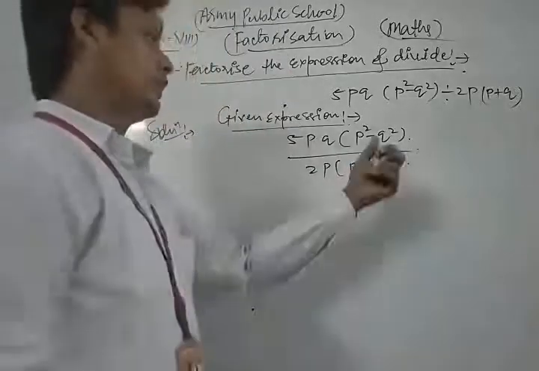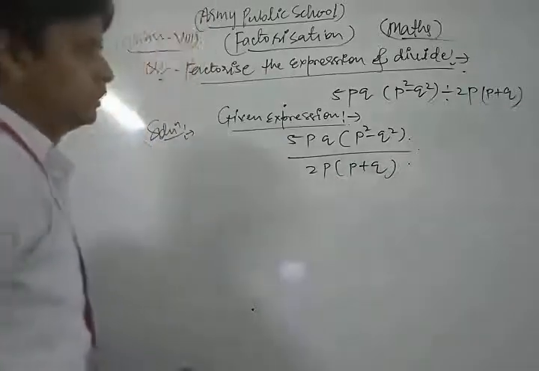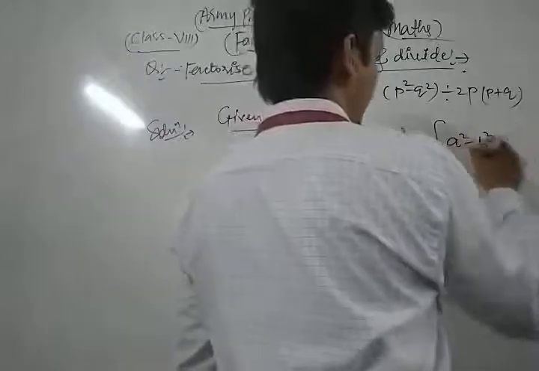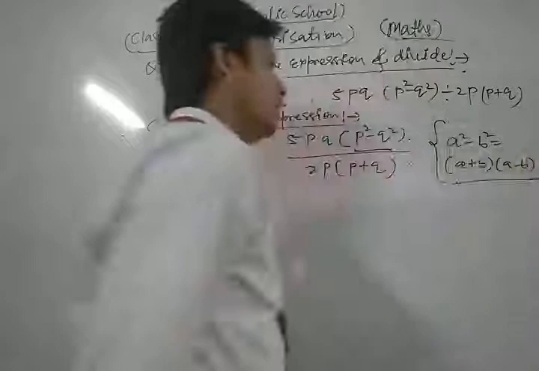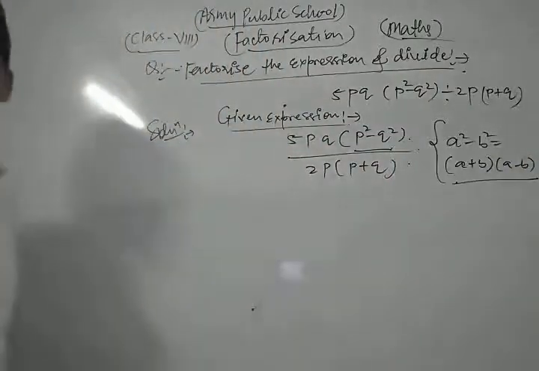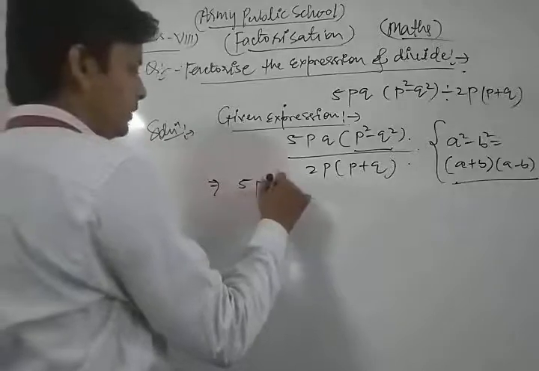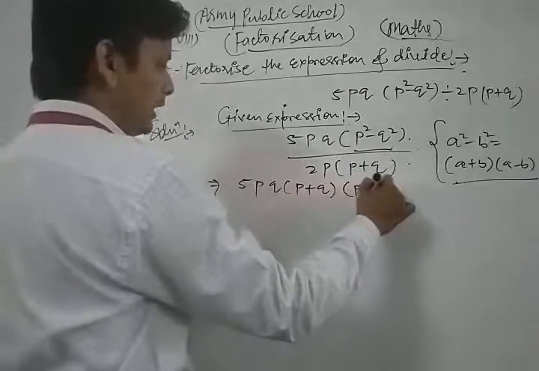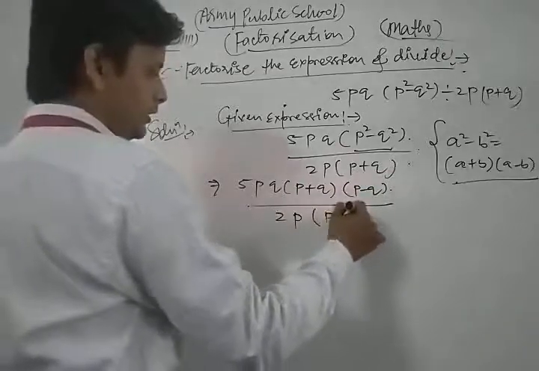First of all we factorize them. This is based on the identity a square minus b square equals (a plus b) into (a minus b). So we can write 5pq, here we write (p plus q) and (p minus q), and in division 2p, another bracket, (p plus q).